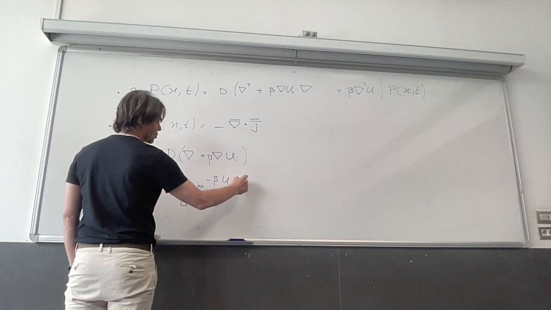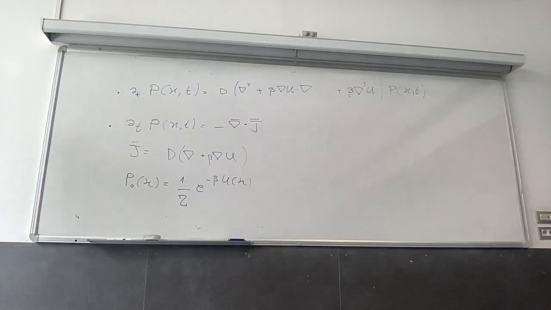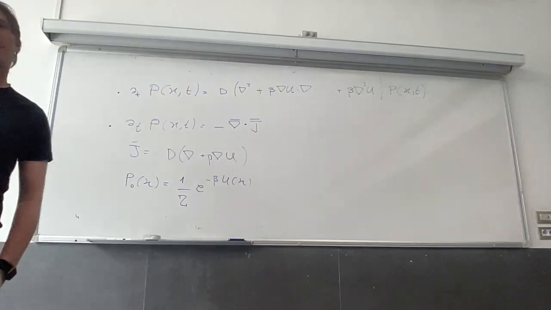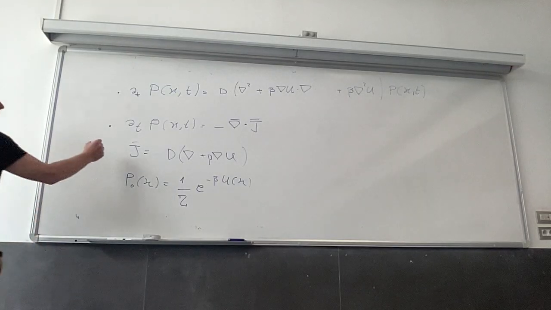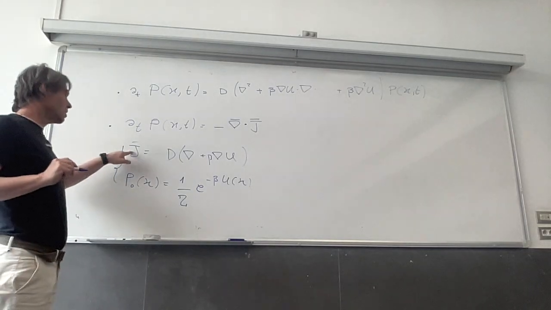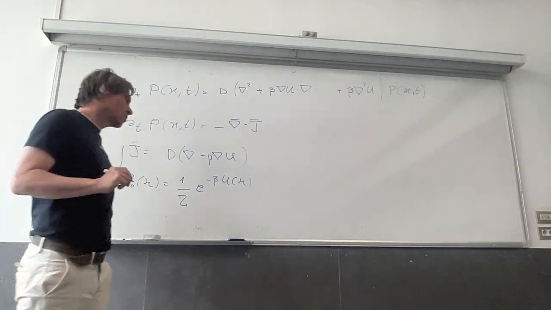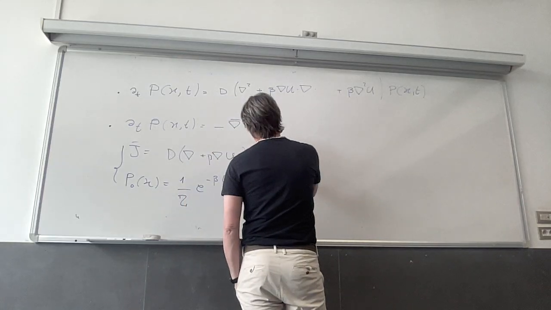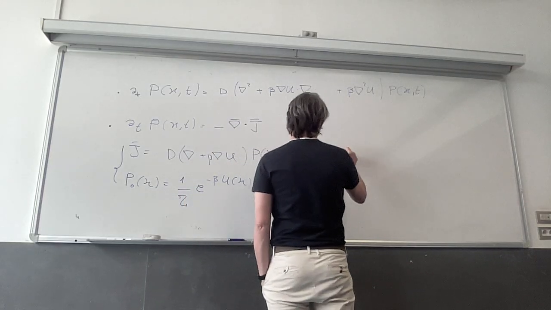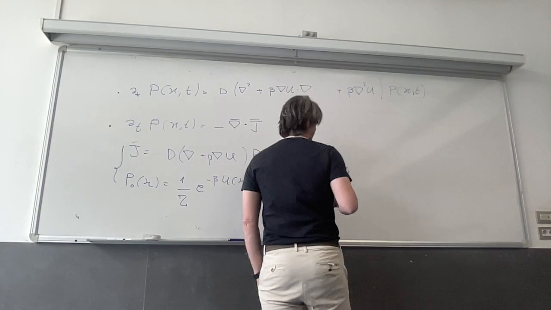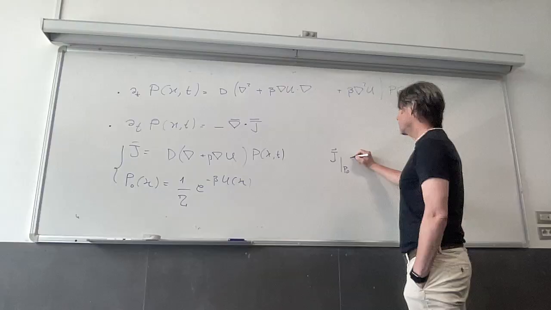There's no kinetic energy in the Smoluchowski because we cannot define derivative, if you remember. Now, if you plug this solution into the current, you'll discover that the current for the P naught probability is actually 0.